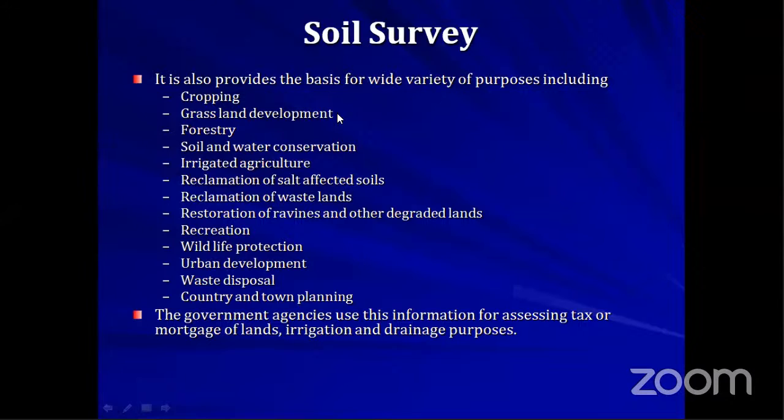Soil survey will provide all this basic information. It will provide information on cropping, grassland development, forestry, soil and water conservation, irrigated agriculture, reclamation of salt affected soils, reclamation of wastelands, restoration of degraded lands, and recreation: what type of land should be used for wildlife protection, urban development, etc. It will give all this information. We can go for proper and effective management of our soil resources. This is important, soil survey.